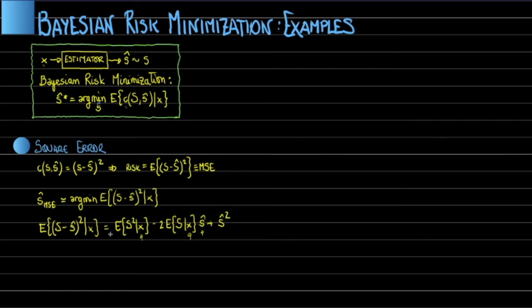Okay? So note that this expression is a quadratic form in S hat, which is the variable that we have to minimize. This is a quadratic form, so we can plot it here.